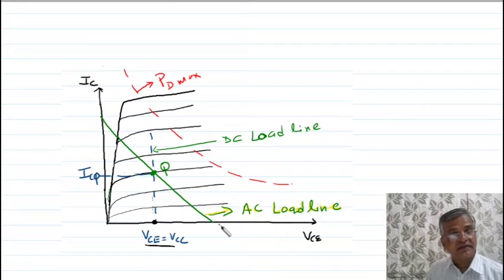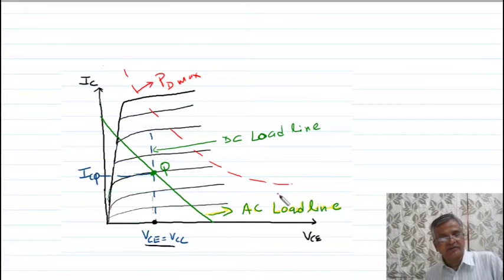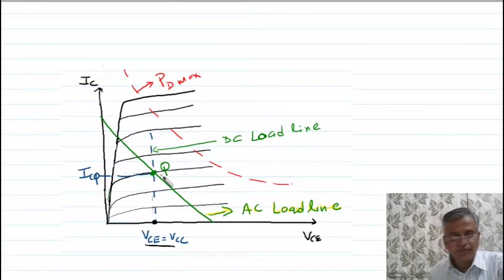If you want to get the maximum output power, then this load line should be tangent to the PD max graph. You have to take the values of the components in such a way that the AC load line comes tangent to the PD max graph, so you can get the maximum output power. I think you understand.